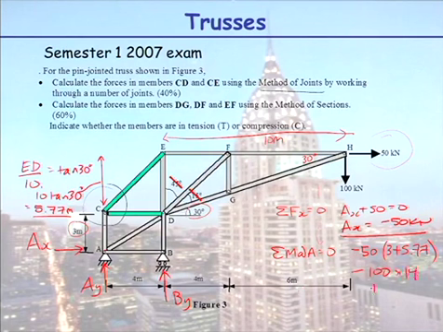And then we would have plus 4 BY. So from this, we get a value for BY. And then using equilibrium in the y direction, you get a force for AY.